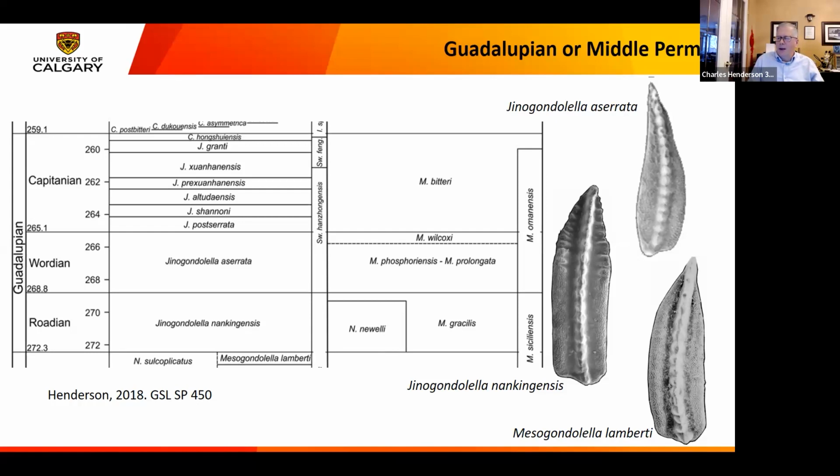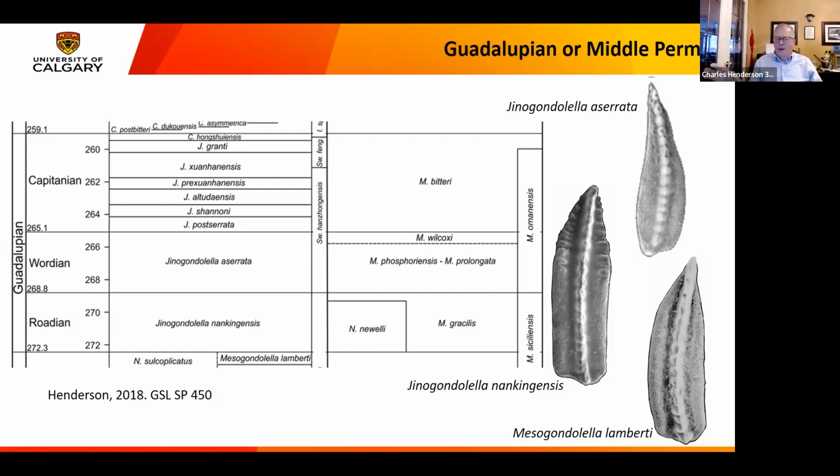And Jinogondolella nankingensis, the genus Jinogondolella, has a character in the apparatus that is not present in the ancestor Mesogondolella species. So there are other characters that we need to consider when we're looking at, have we got Jinogondolella?